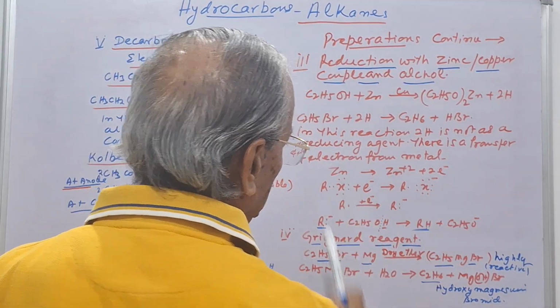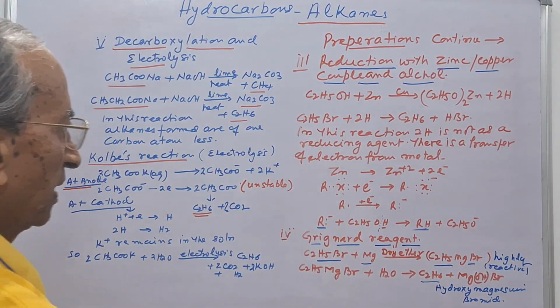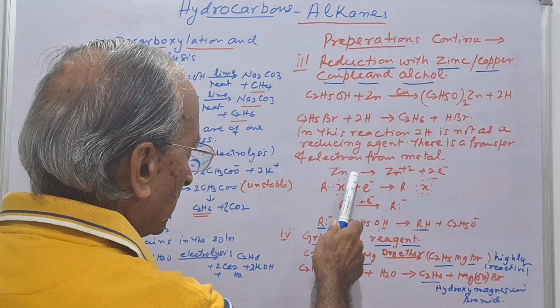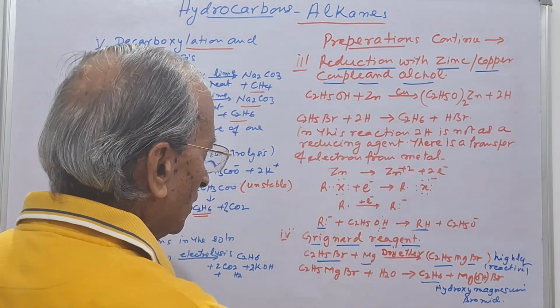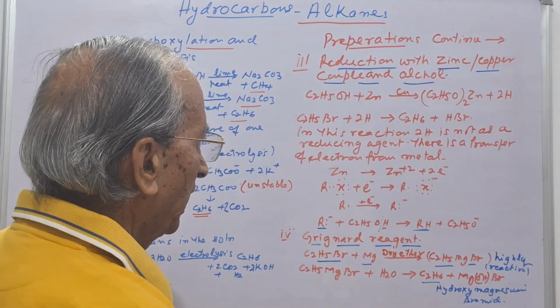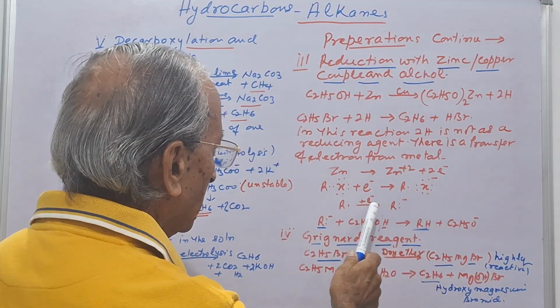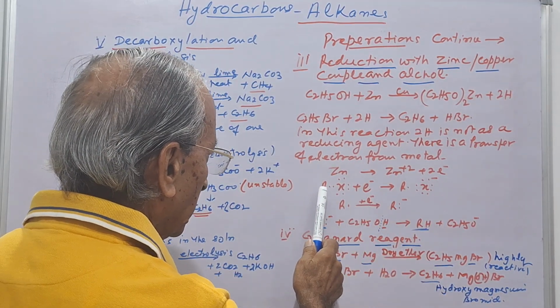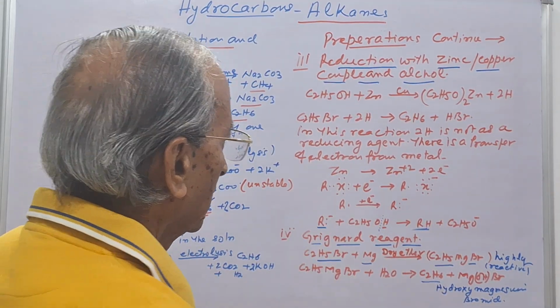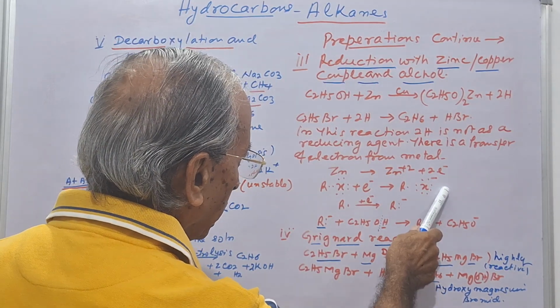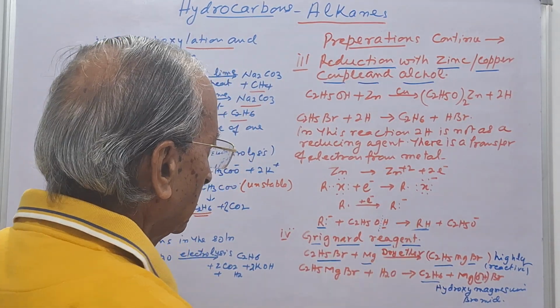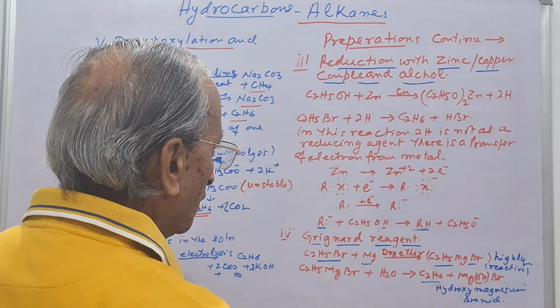There is a transfer of electrons from the metal, say zinc gives 2 electrons, and these 2 electrons are taken up by the alkyl halide to form the halide and the alkyl, taking 1 electron each.